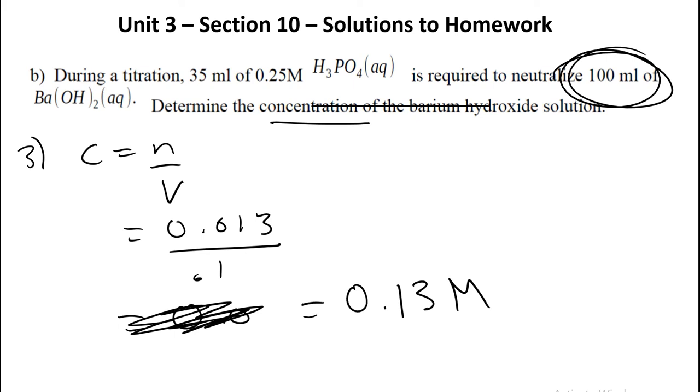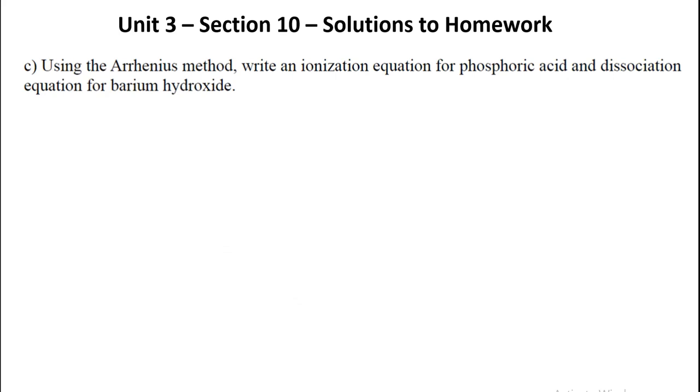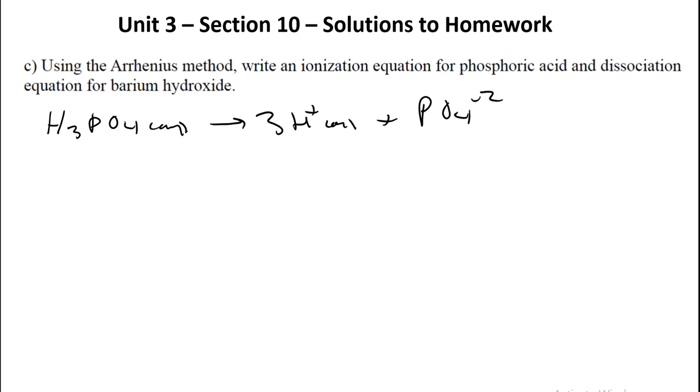So let's go ahead here and let's do parts C and D together. We've learned from the previous question that we have to do a little bit of multiplying when we've got some compounds that are a little more complex here. So let's start with the phosphoric acid. We're going to do the pH of the phosphoric acid. So when we write out our phosphoric acid, it's got 3 hydrogens per acid, meaning we're going to have to triple our concentration.